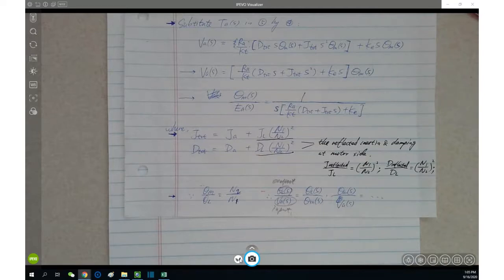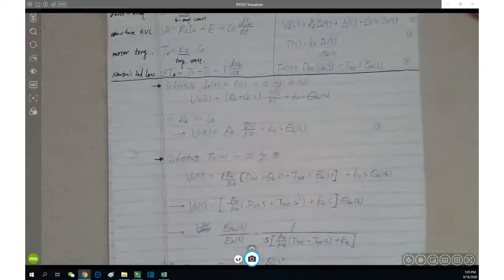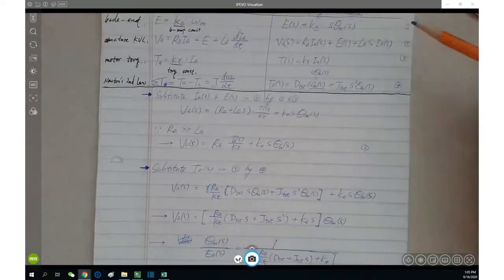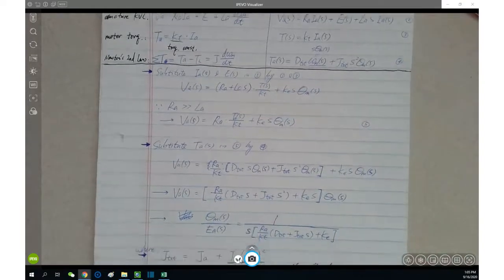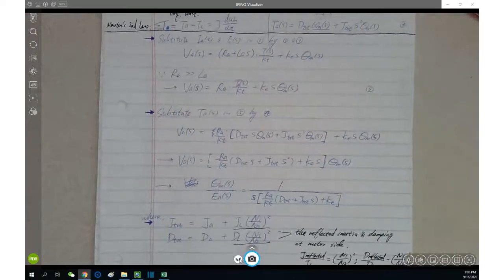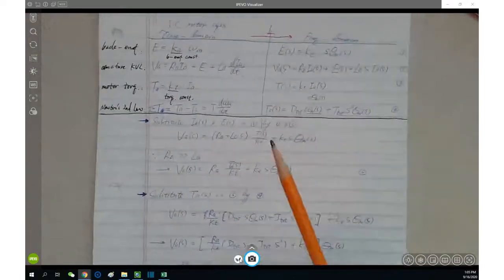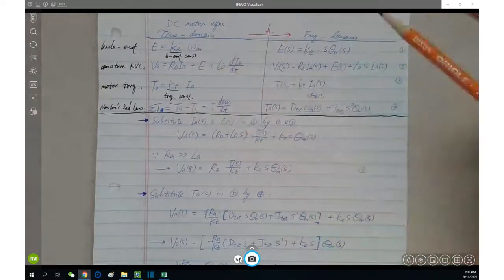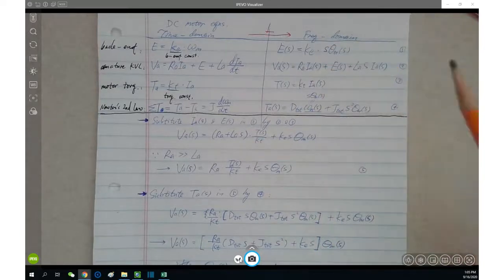Obviously, we define the input and output at the beginning, and then, targeting this goal, we derive the relationship step by step. With this recorded lecture, you will be able to come back and see the details. But basically, the key is applying the Laplace transform on the time domain equations, we come up with the frequency domain equations, and from those we derive the transfer function in the frequency domain as well.